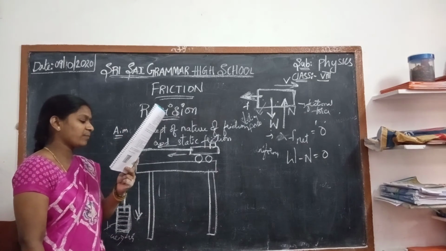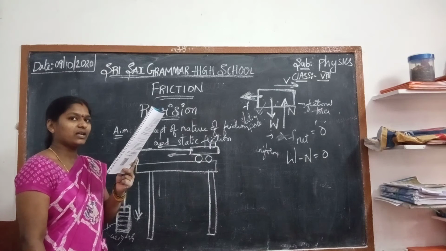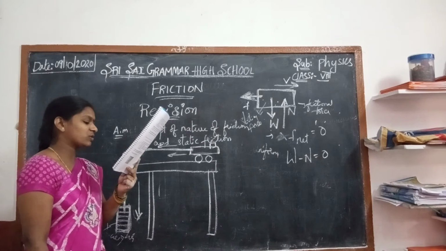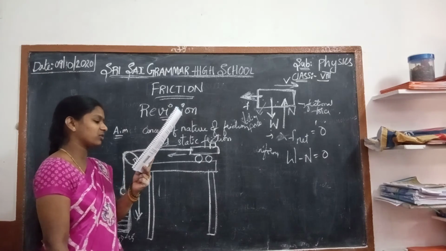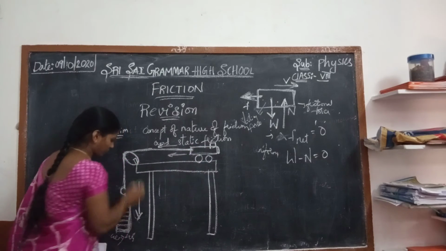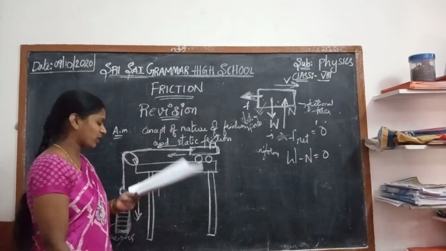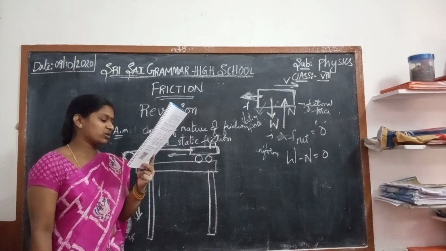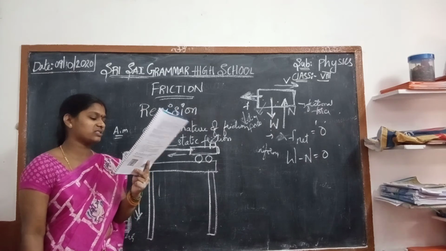Yes, and also the block is at rest with respect to the surface of the trolley, but it is in motion with respect to the surface of the table. Now keep on increasing the weights on the hanger. Observe the motion of both the trolley and the block. Now the surface of the trolley tries to keep the block at rest with respect to its surface.